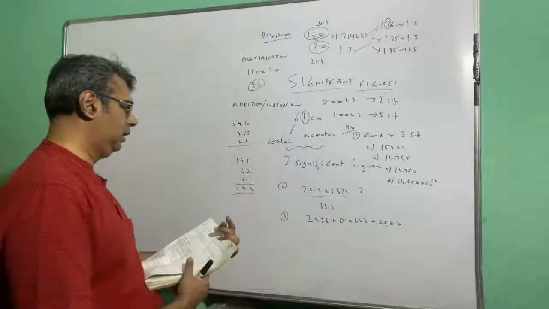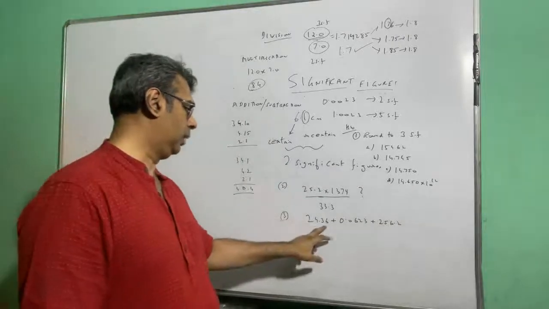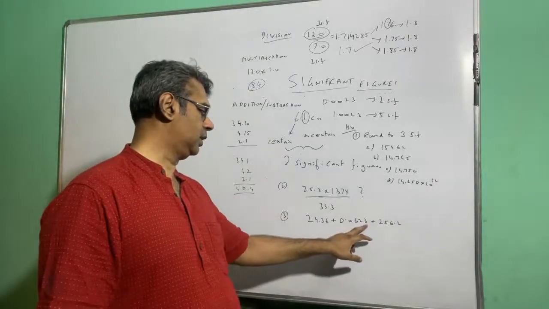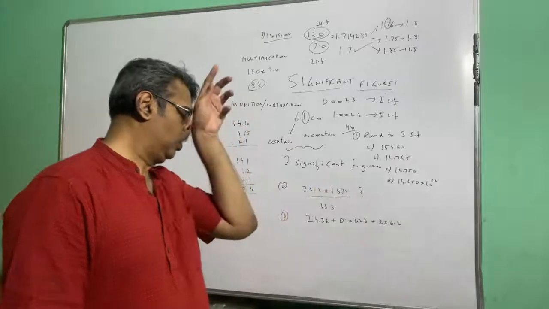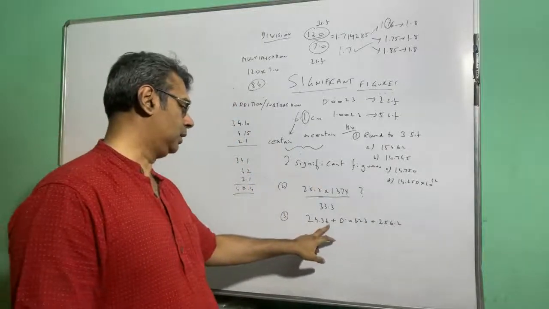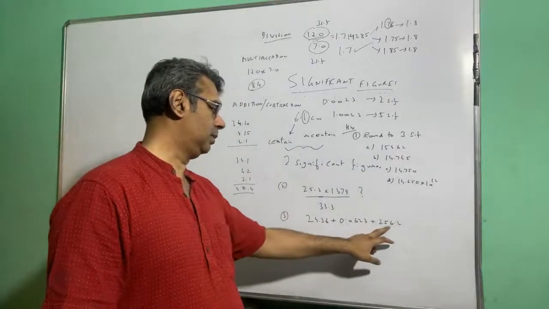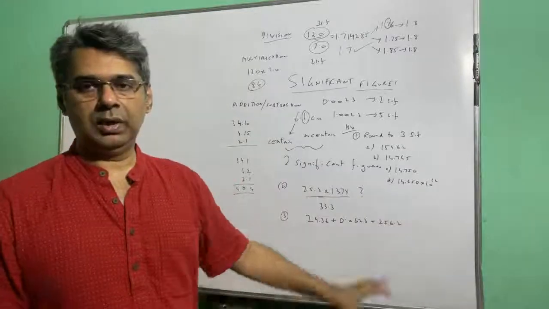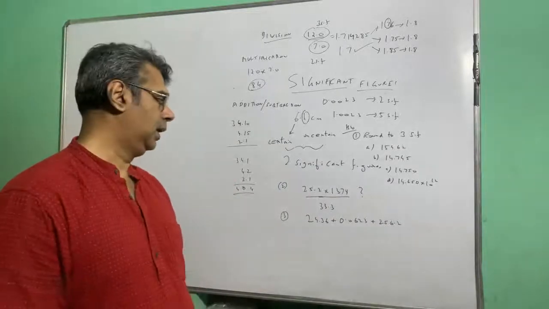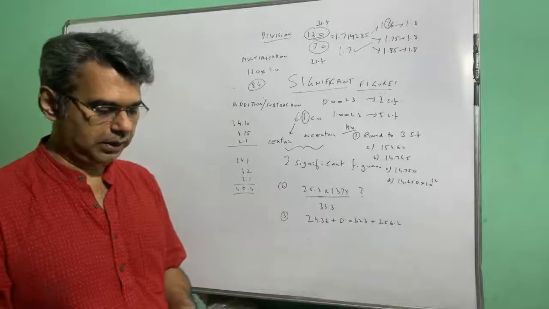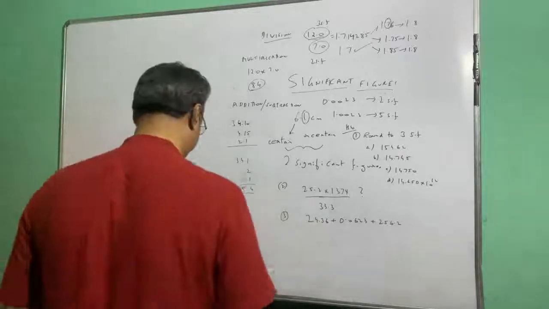Question number 3. 24.36 plus 0.0623 plus 256.2. You will have to do this addition and say the answer. Okay, that is question number 3.